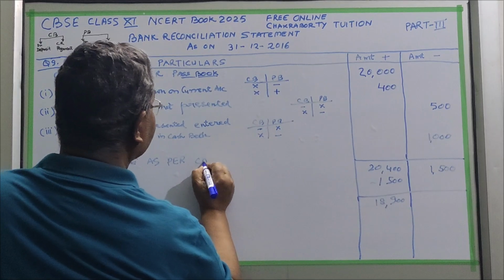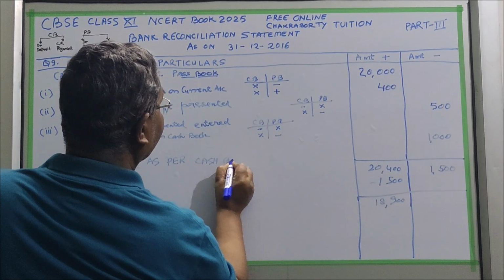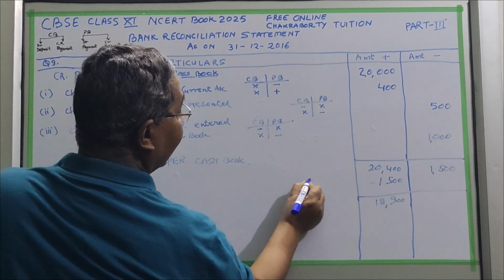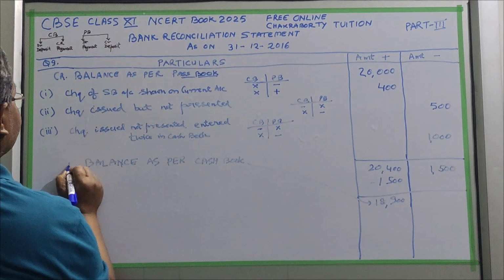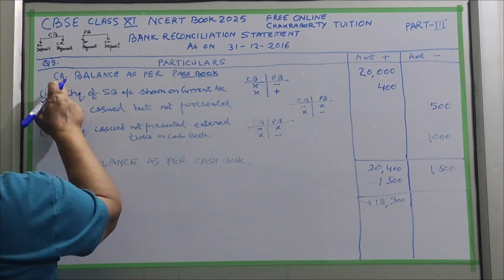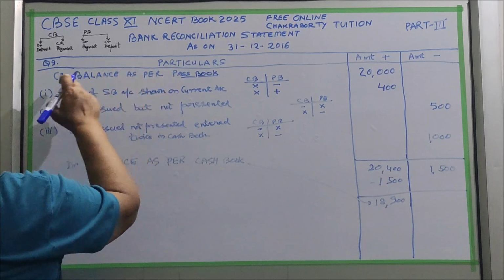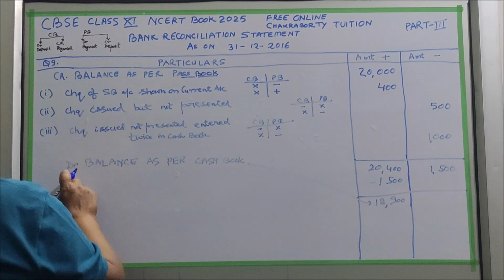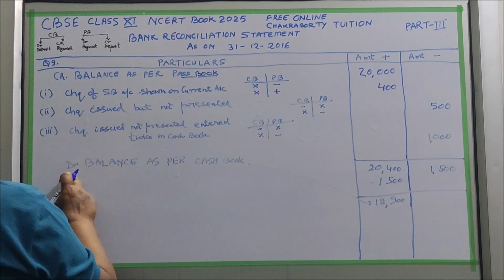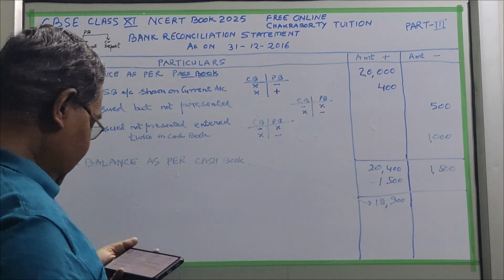Here it will be cash book, and this is your answer. Here this is a credit balance; it should be a debit balance. Either you write credit balance or not. Balance as per cash book means it is a deposit, and if you do not write balance, it means deposit balance. So this is this one.